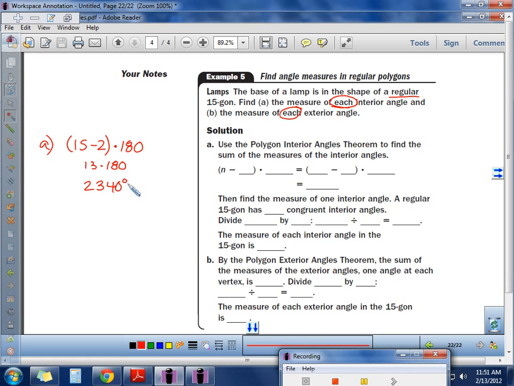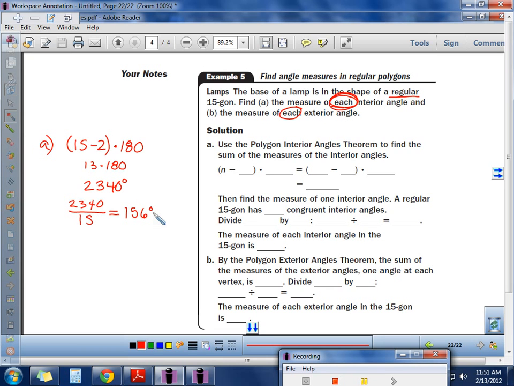That's the sum of all the inside angles. But it doesn't want the sum, it wants each. What should we do at the end? Oh, we take 2,340 and divide by the number of sides, or the number of angles, and we get a total of 156. That's how big each interior angle is.